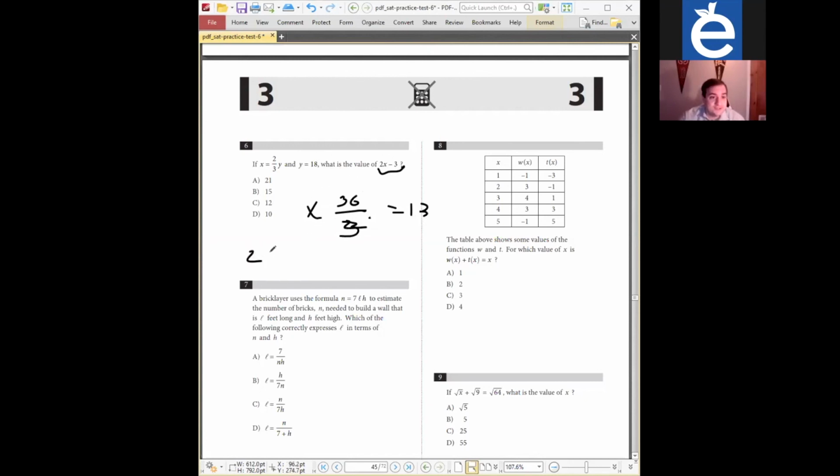So 2 times 12 is 24. Did I just derp on math? No. All right, so that is going to be 12, then 2x minus 3 is going to be 12 times 2 minus 3.